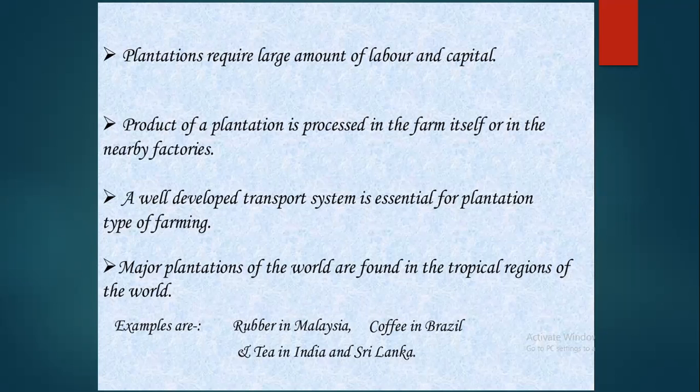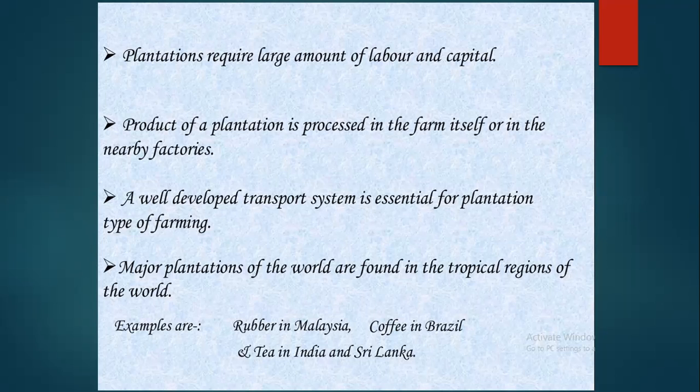And mostly major plantations of the world are found in the tropical regions of the world. For example, rubber in Malaysia, coffee in Brazil, and tea in India and Sri Lanka. Okay, so I believe you understand about plantation. A large amount of labor and capital is required because they have to take care of it very properly.